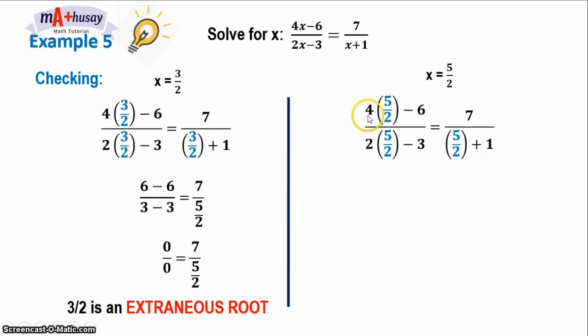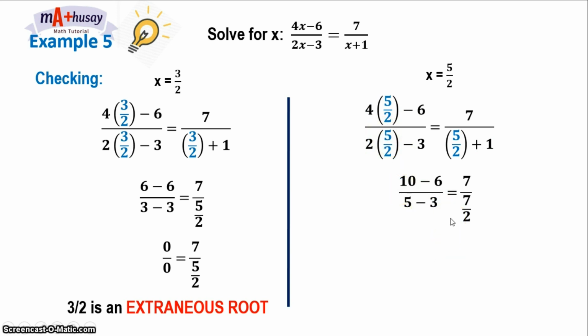So, kapag minultiply natin ang 4 sa 5 over 2, makakancel na yung 2. So, may dalawang 2 sa 4. So, 2 times 5 is 10. So, sa numerator natin, magkakaroon tayo ng 10 minus 6. Sa denominator naman, since ang 2 ay pwedeng i-cancel out, so 5 minus 3 na lang.